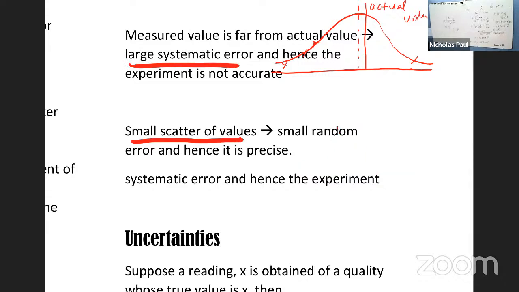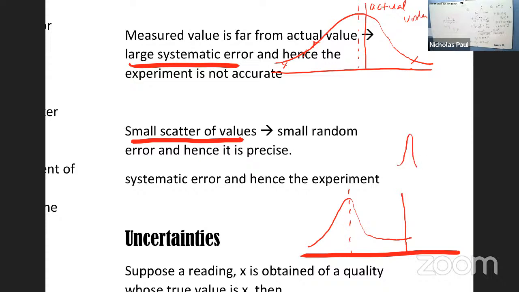The measured value is here and the actual value there. The scatter has to be a little smaller, all the values close together. Large scatter is like that, all the values far apart. Small scatter, the values close together.